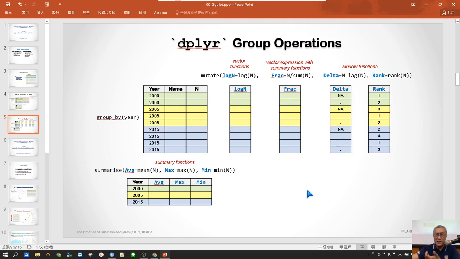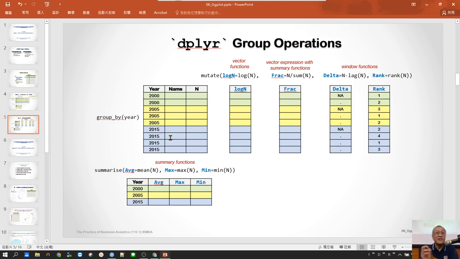This data set is not good enough for explaining this idea. Do you still remember the example of the baby names?